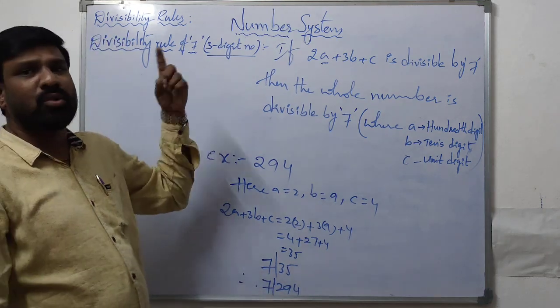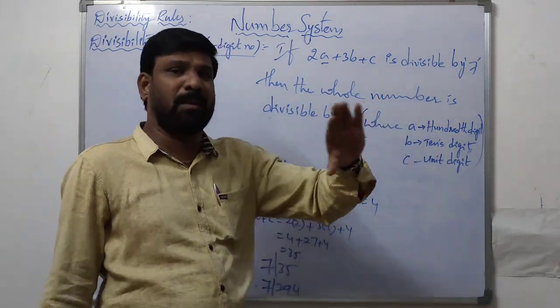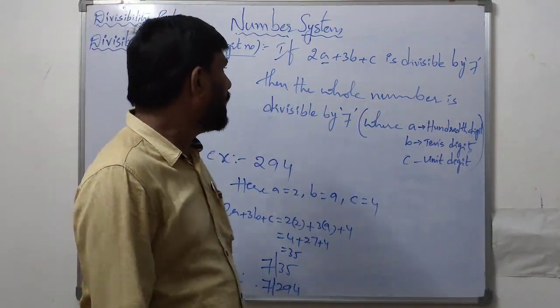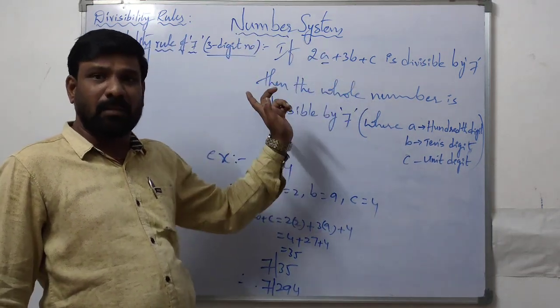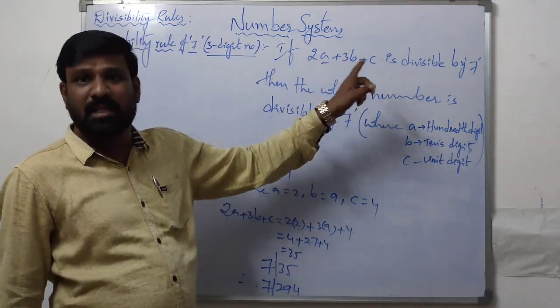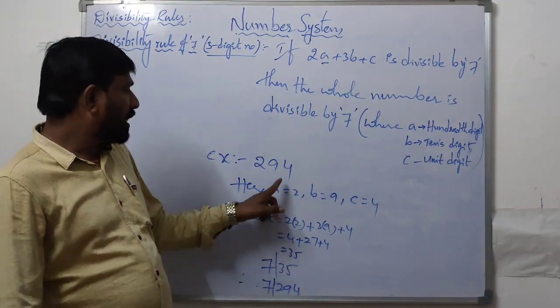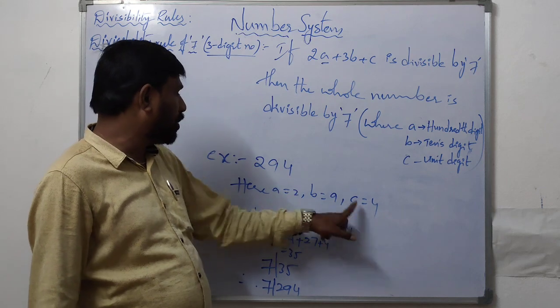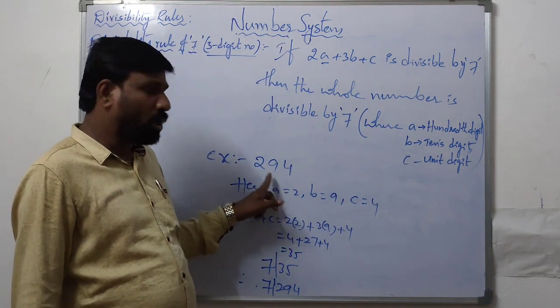The thing you need to remember is that 2a plus 3b plus c should be divisible by 7, where a is the 100th digit of the given 3-digit number, b is the 10th digit, and c is the unit digit. Here c is the unit digit, that is 4, b is the 10th digit, that is 9, a is the 100th digit, that is 2.